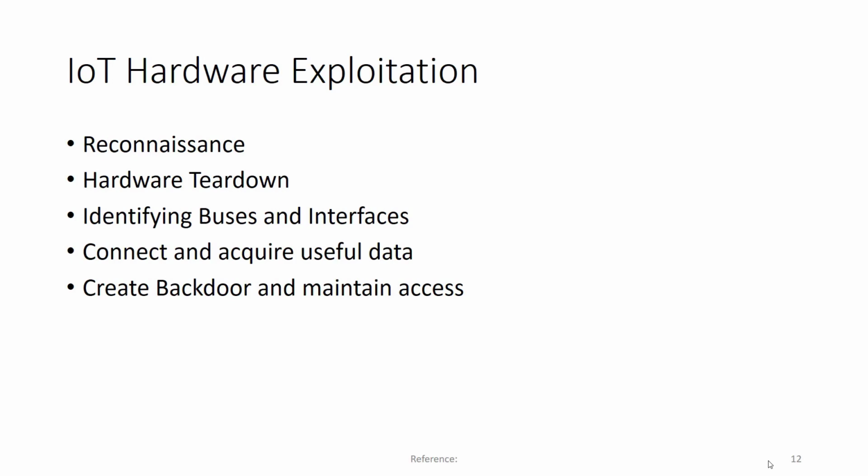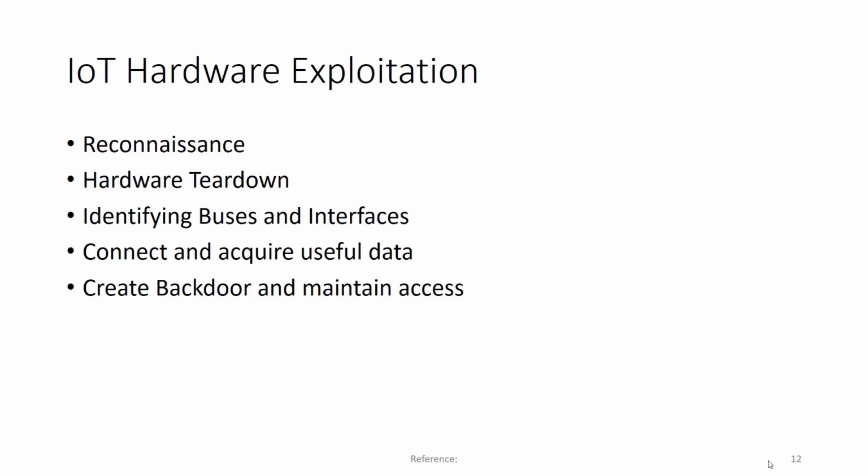So, how to exploit any hardware board and its embedded parts. As in any other pen test technique, reconnaissance is one of the first techniques we approach in IoT exploitation.